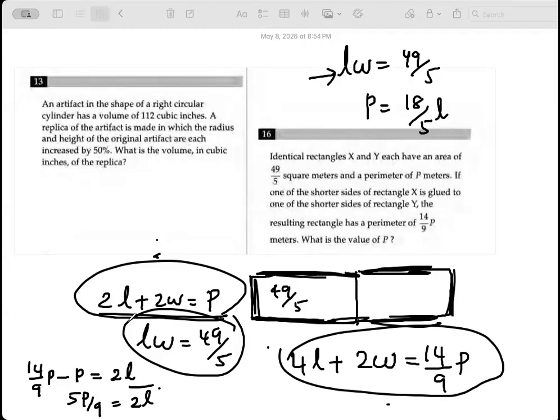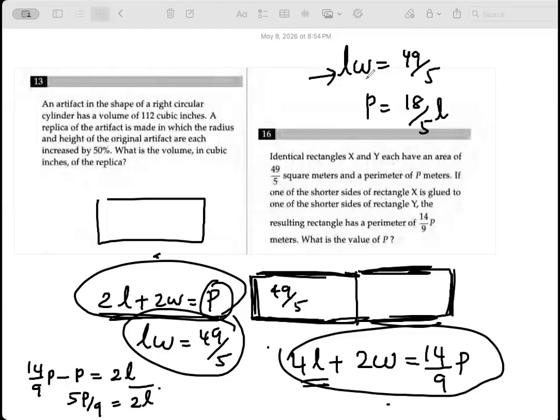So 2L plus 2W is the perimeter for one rectangle, but when they were glued together, it becomes 4L plus 2W equal to 14 by 9 P. So I subtracted both, and you get 5 by 9 P equal to 2L. Okay, you get perimeter in terms of L. That's good. L will be equal to what? What is the value of P they're asking, right?